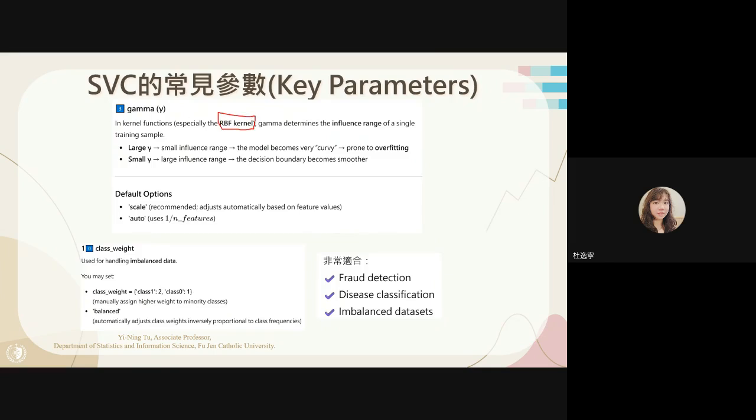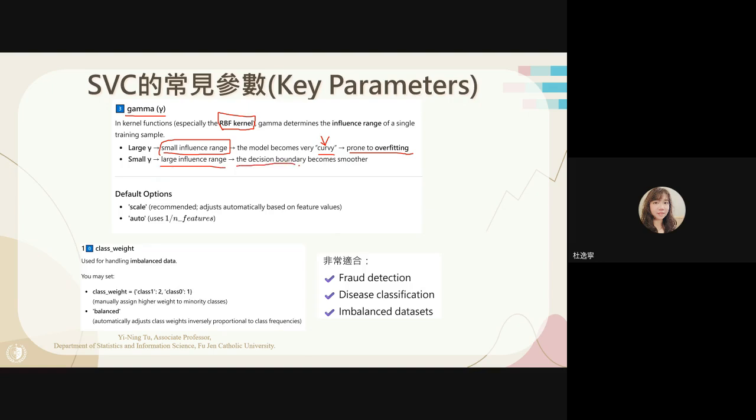So there is another key parameter, especially in the RBF kernel. 用 RBF 的时候 there is a gamma parameter. In the kernel function, especially the RBF kernel, the gamma determines the influence range of a single training sample. Large gamma means small influence range. It means the model will become very curvy, prone to overfitting. 这就变得非常的曲线。Small gamma means large influence range.